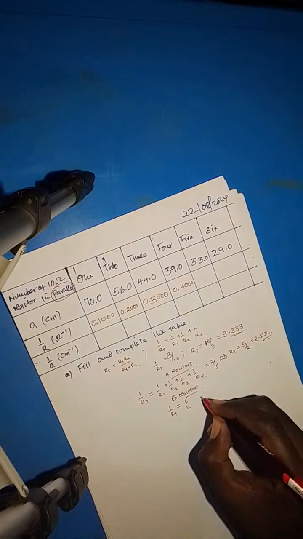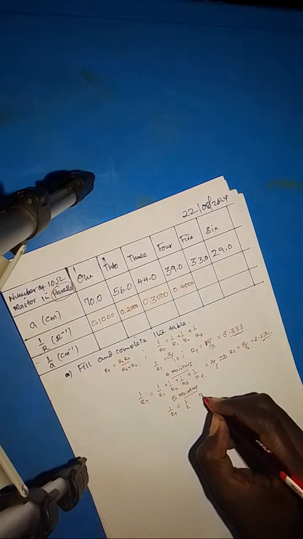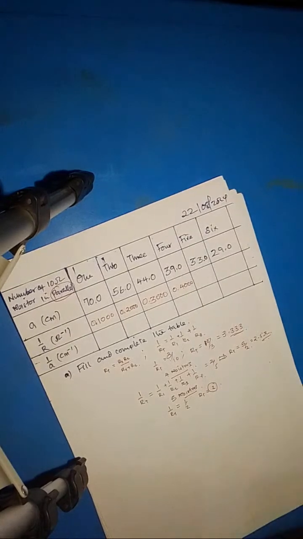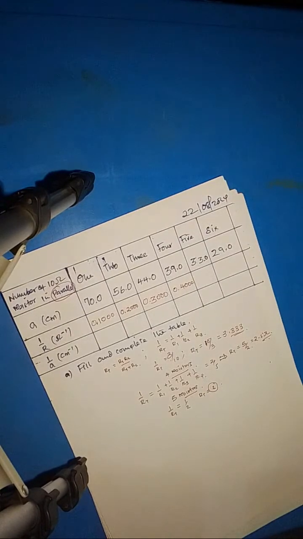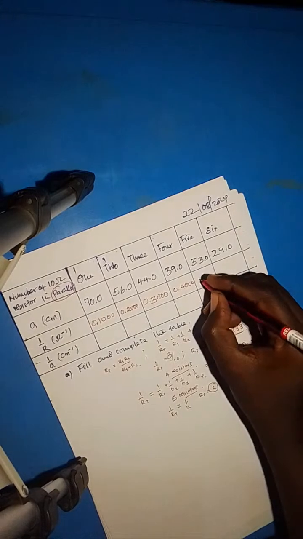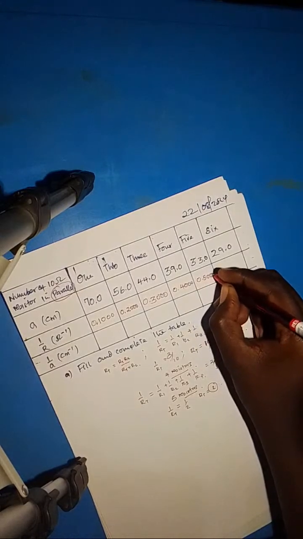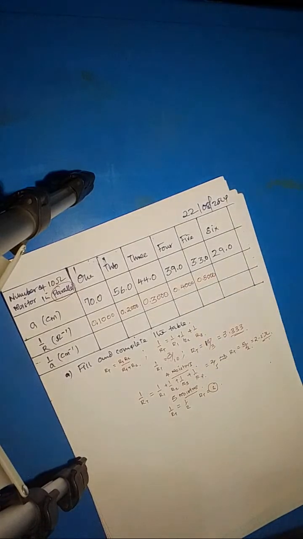Then RT will be 2. So now I get the inverse of 2, which will be 0.5000. If we continue up to 6, we can see the sequence is just increasing by 0.1.